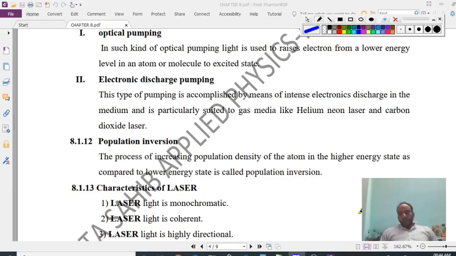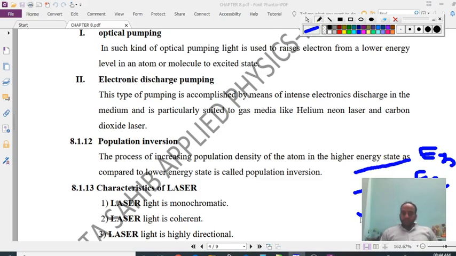As I already told, if we take three energy levels, then the lower energy level is E1 and E2 and E3 are higher energy levels. If the number of atoms having energy E2 and E3 is more than the number of atoms having energy E1, then we get population inversion.